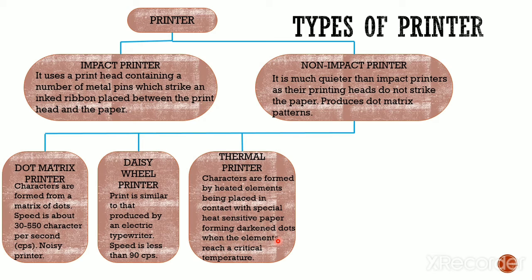Okay, your paper is not the A4 sheet that we use for writing or printing. This requires a special type of paper, that is heat-sensitive paper. Okay, you can find these in supermarkets where they give you bills, petrol pumps, and for tickets, bus tickets also.